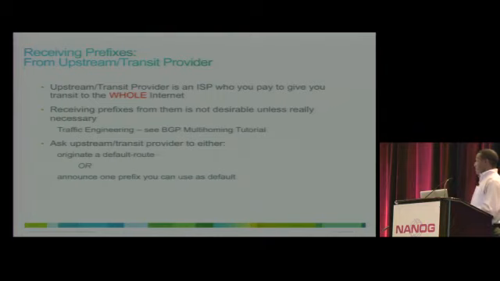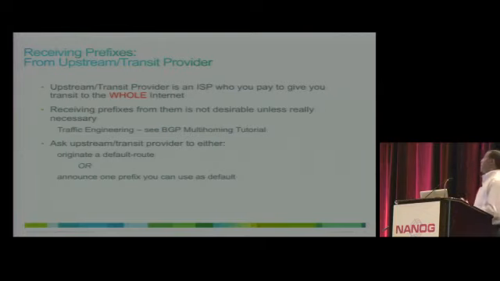From upstream service providers, usually you have a few alternatives. If you are getting transit from multiple service providers, you can receive the full table from each one of them. Usually that's costly. If you are just using one transit provider, you may just point a default route to that service provider or receive a default route from that service provider.